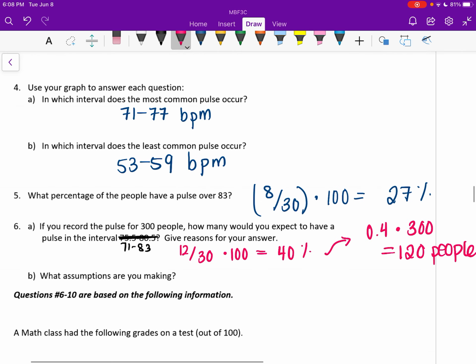Because we took what our regular population was, we multiplied by 100, and found out what percent of our population had it. Then we extrapolated that data and said, how much would it be if we had the same distribution, just for a larger group of people.